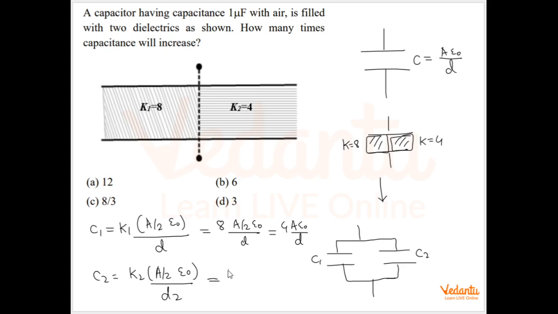Now that will become 4A by 2 epsilon naught by D. That will be 2A epsilon naught by D.